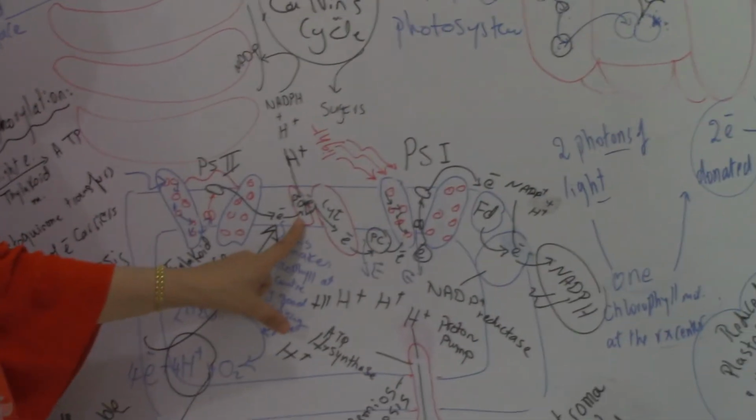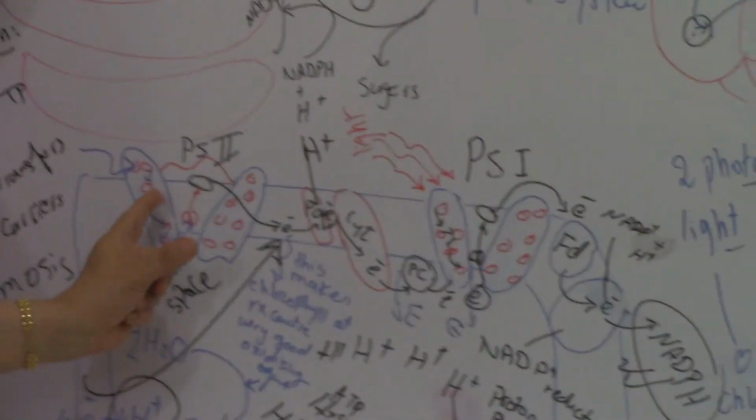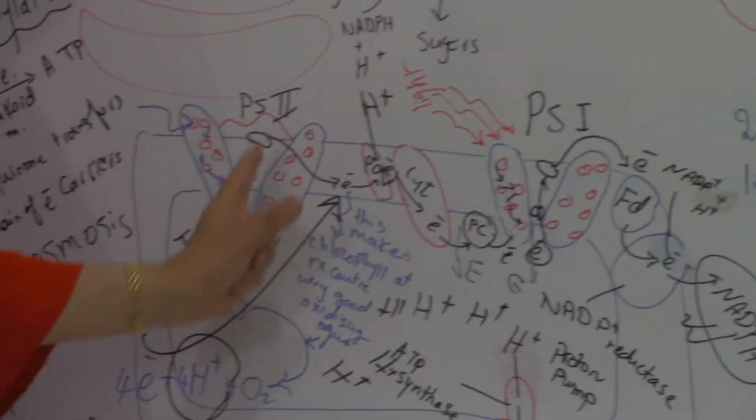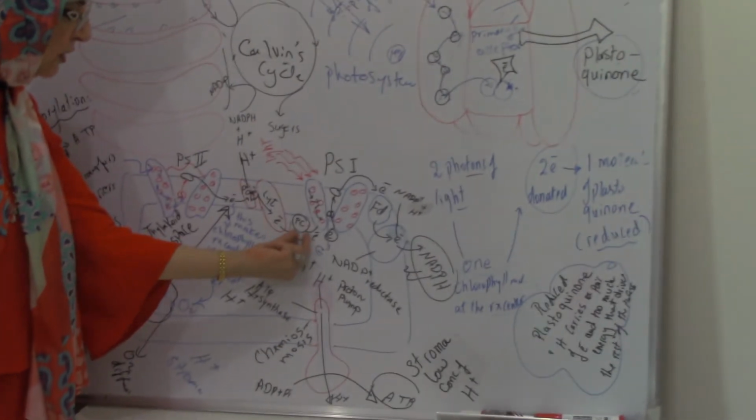So I have here plastoquinone, and this is related to photosystem 2. So it accepts the electron from photosystem 2 and passes it through the group of electron carriers until it reaches a molecule here. We call it plastocyanin.